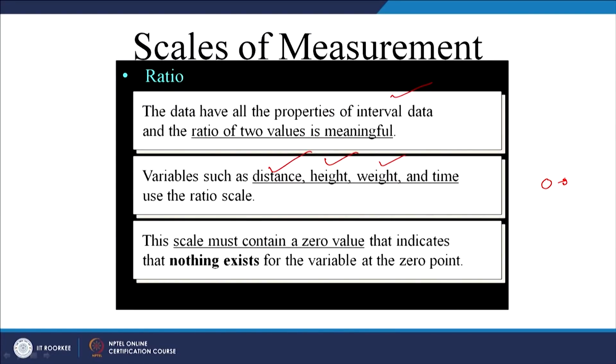When we say 0 while using a ratio scale, it means nothing exists as far as that particular variable is concerned. When we say height of a person is 0, of course, you can't have a situation like this, right. So, if this scale contains a 0 value, it means nothing exists in that particular product, right.